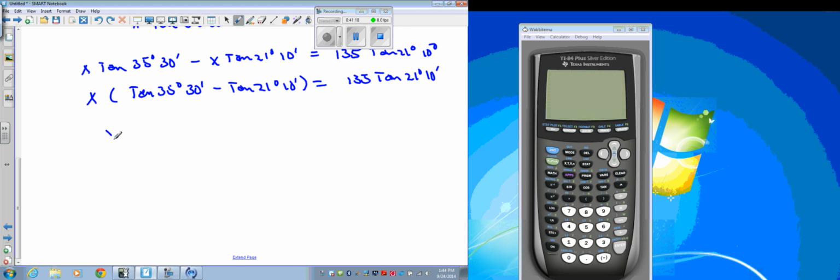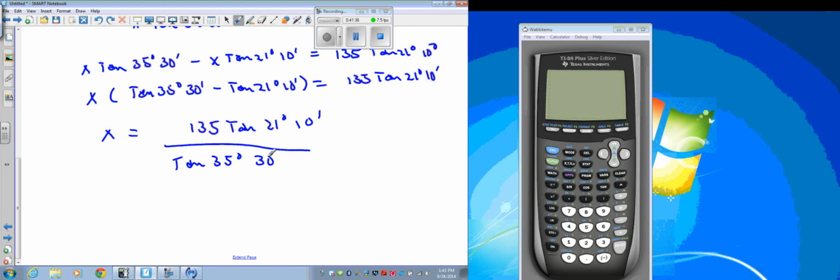Now I can solve for x: x is 135 tangent 21 degrees 10 minutes over tangent of 35 degrees 30 minutes minus the tangent 21 degrees 10 minutes.